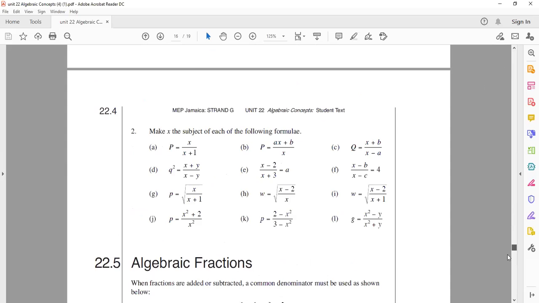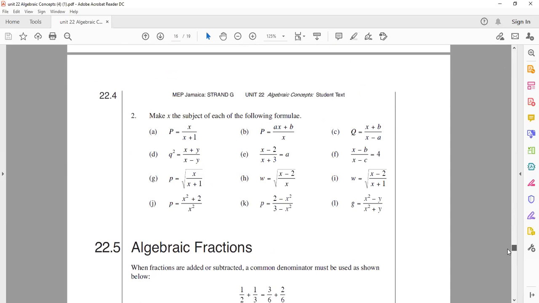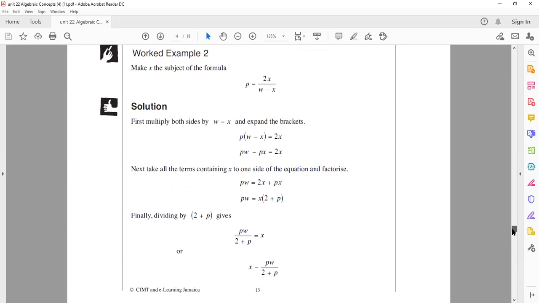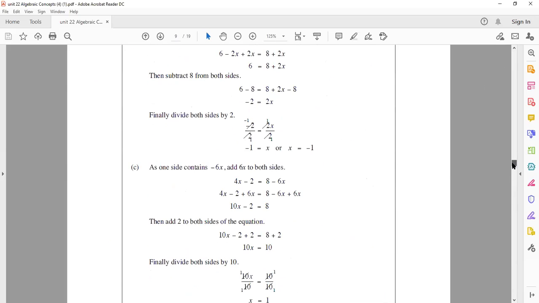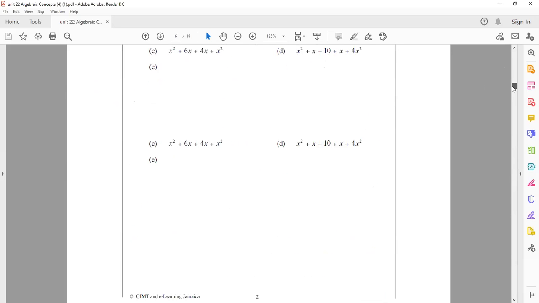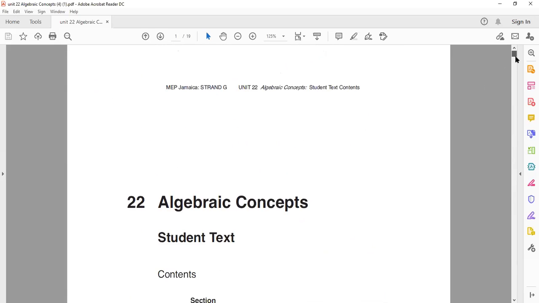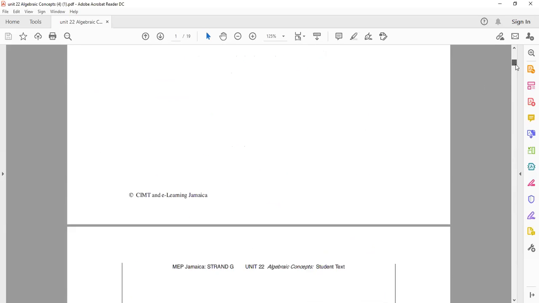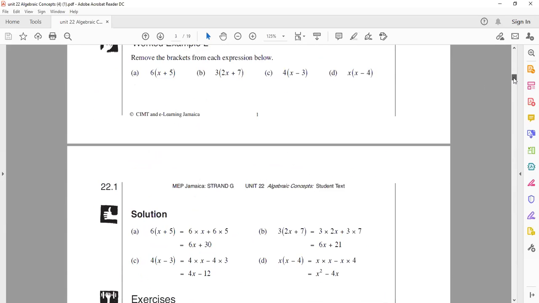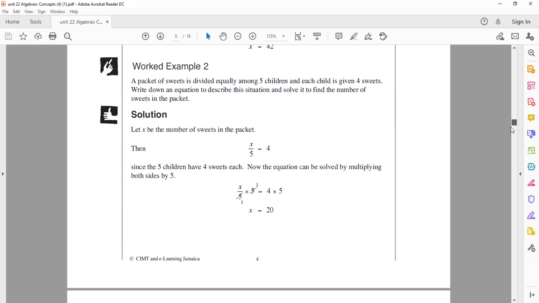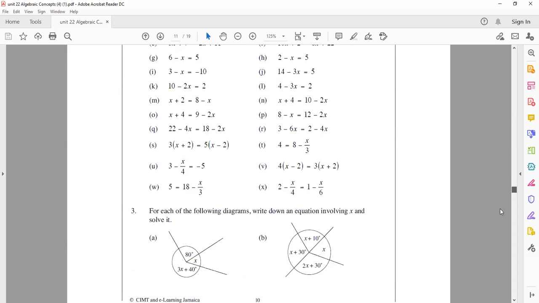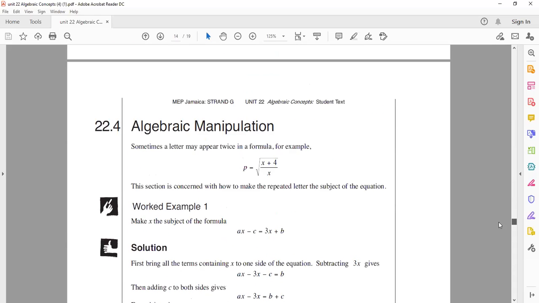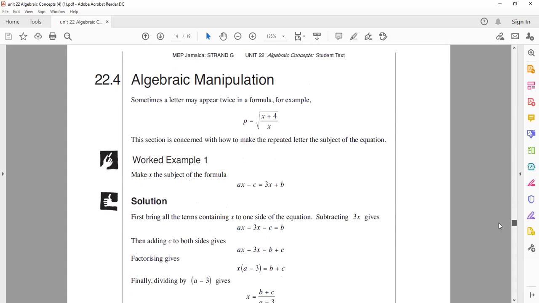It's interesting that they don't even mention when the variable appears only once, but that's fine because it's just like solving a simple equation. So the real task is when the variable appears twice.